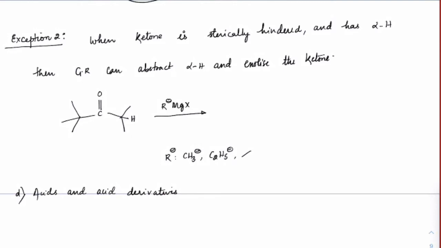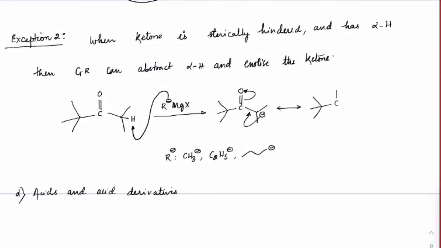Right, any straight chain. So in that case, this R minus will extract the proton here, convert that into an enolate, C double bond O with carbanion formation here, which will undergo tautomerism here.